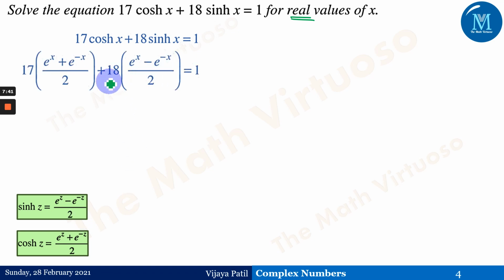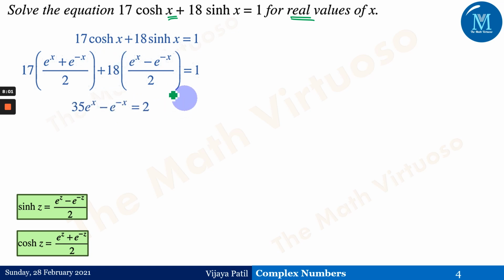Since the variable given to us is x, we'll go with x instead of z. Whatever variable is given in the example, we will not leave that variable; we'll replace the formula's variable with it, and this is what we have got.